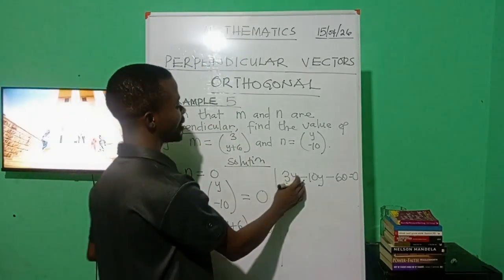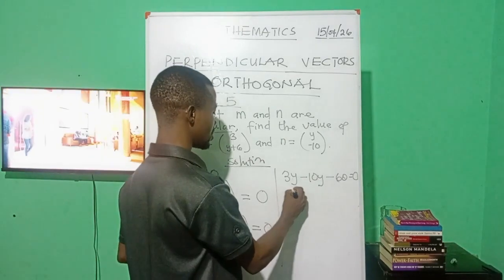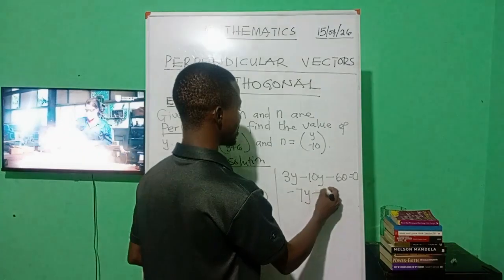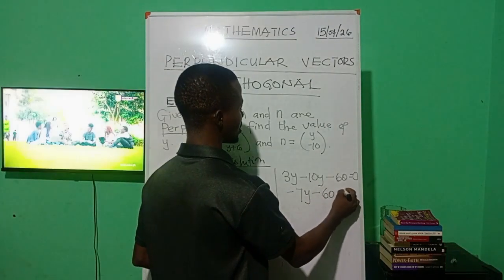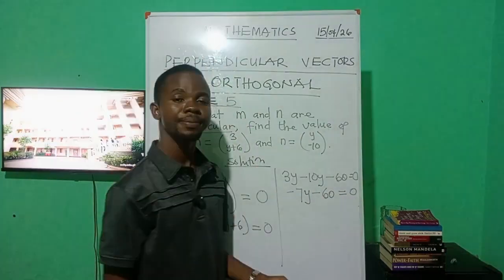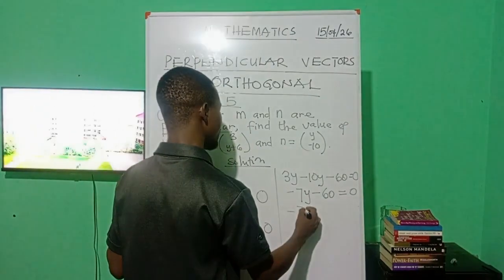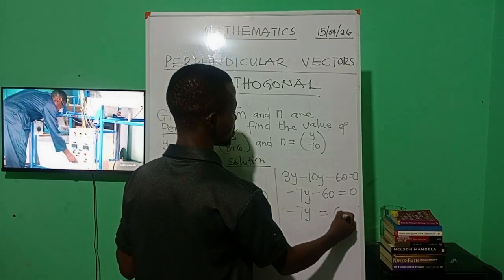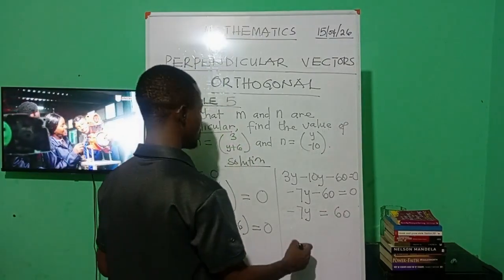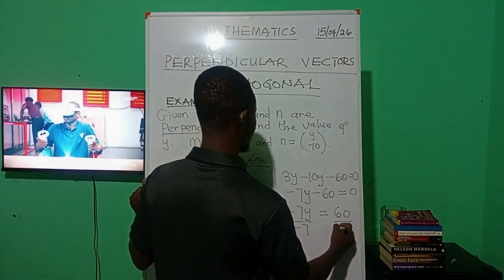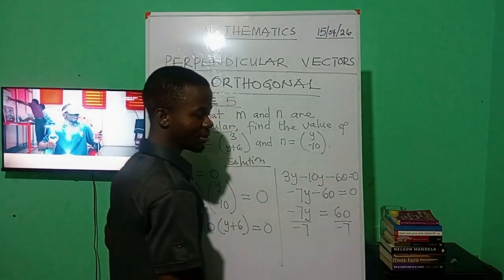Okay, 3y minus 10y should give you negative 7y minus 60, and this is equal to 0. So I have negative 7y to be equal to 60. You divide both sides by negative 7.